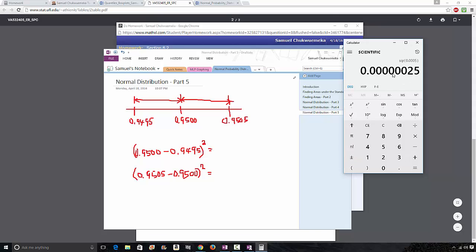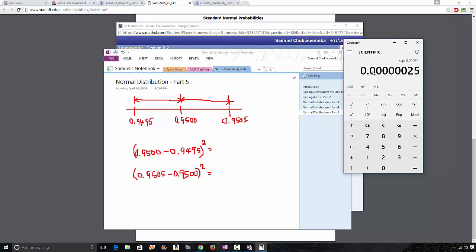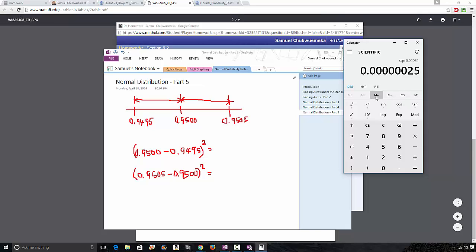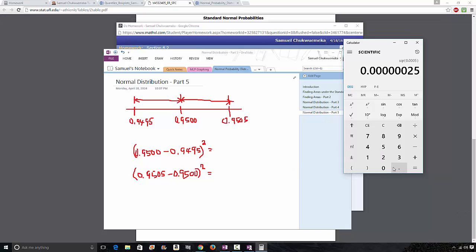So this is 2.5 times 10 to the power of negative 7. Let me save it as memory. Then I have 0.9505 minus 0.95, square it. It gave us the same thing. Both are equidistant.